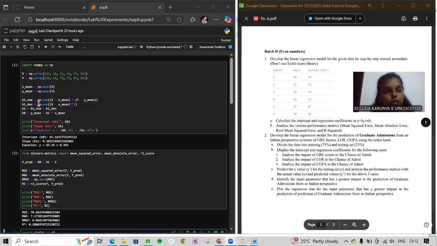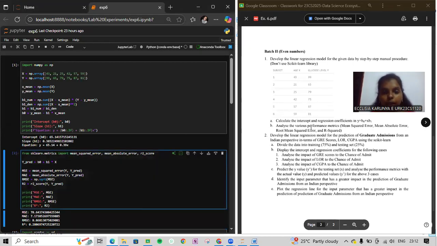Then we need to calculate the B1 and B naught value, which means B naught is the intercept and B1 is the slope. Using this formula, we are going to find both. Then only we can find the value of the given equation.